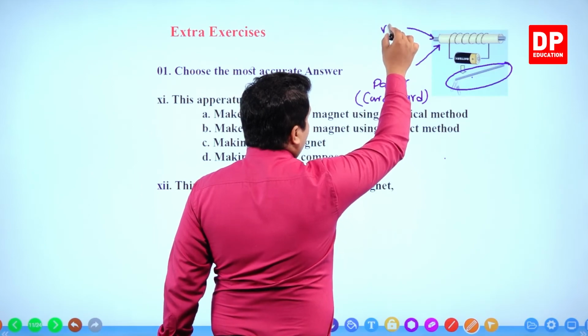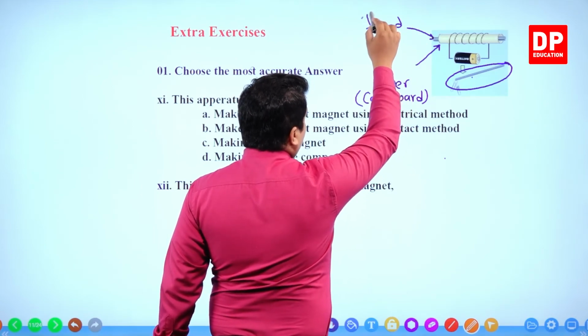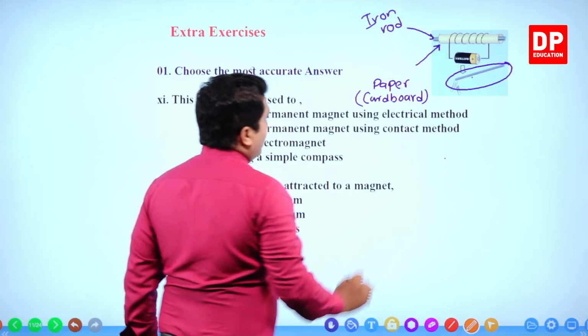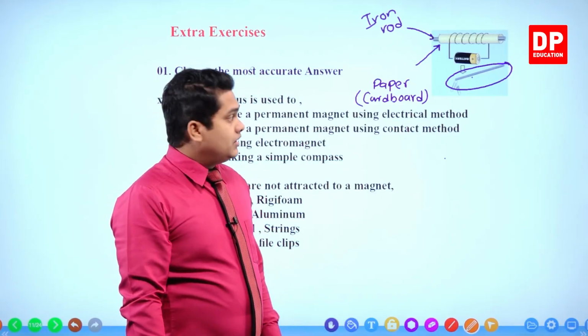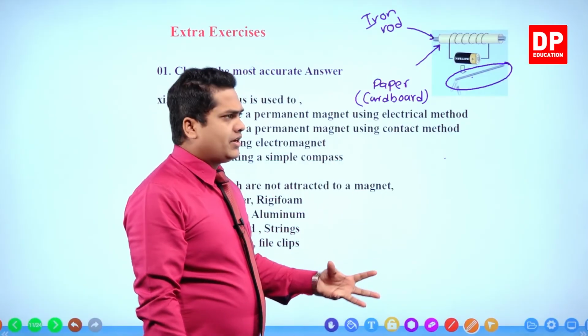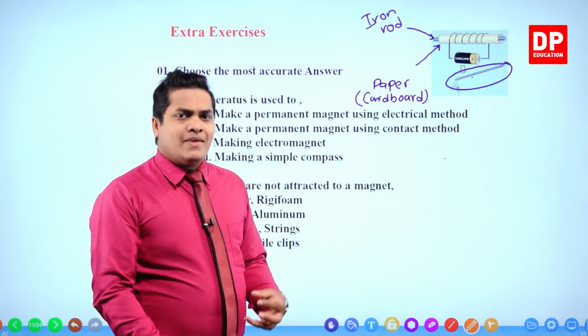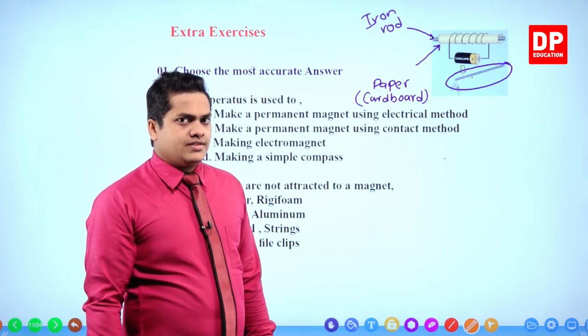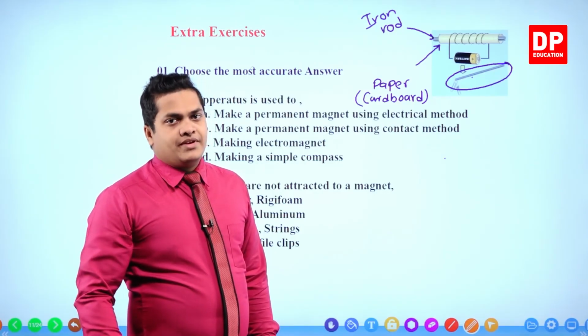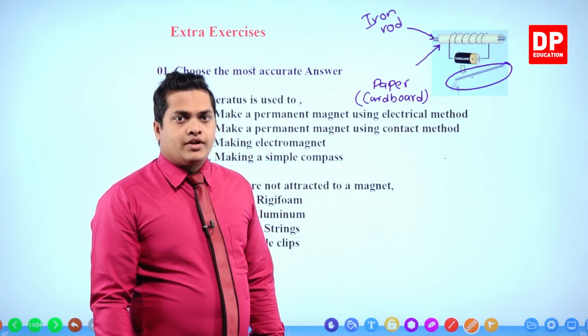This is the iron rod, inserted into the plastic tube or the cardboard tube or the paper tube. You can use any material here actually. It shouldn't be a metal, right? It can be a paper or a plastic rod.